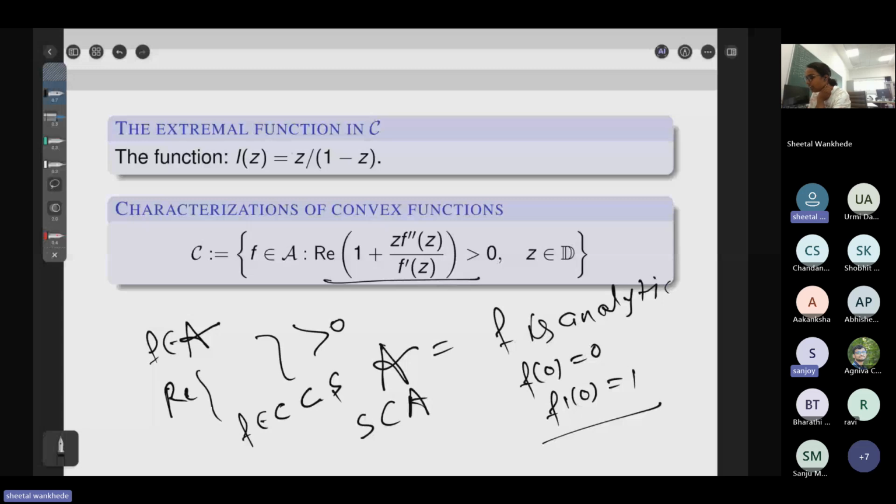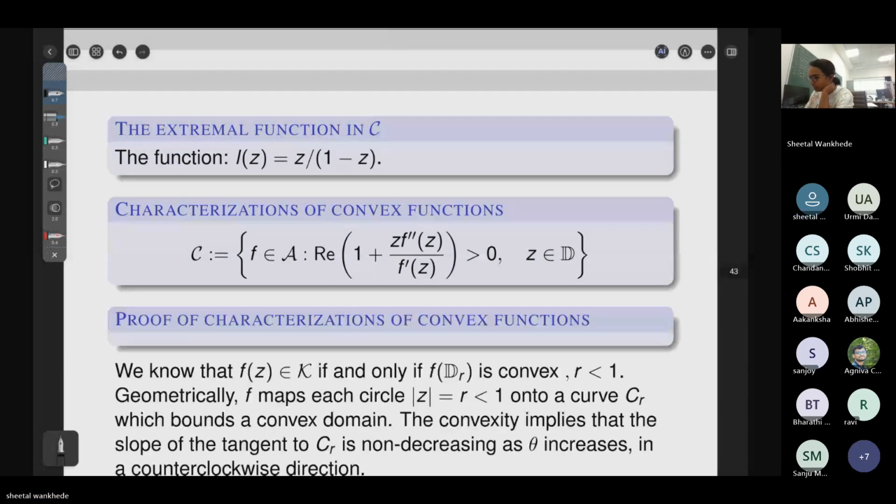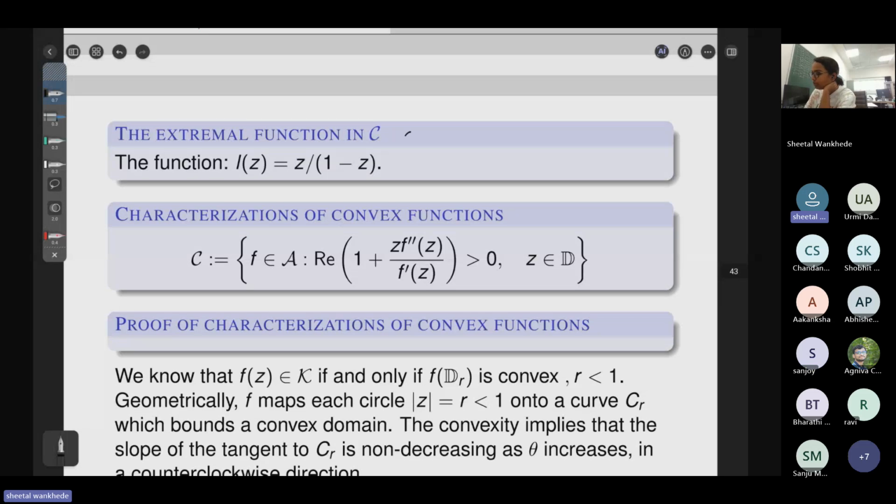If you choose f from S, that's already so, but you can choose f directly, it will automatically coincide with this S. Actually, when we say f maps to some convex domain, they will just map this circle to a circle. They will not coincide.